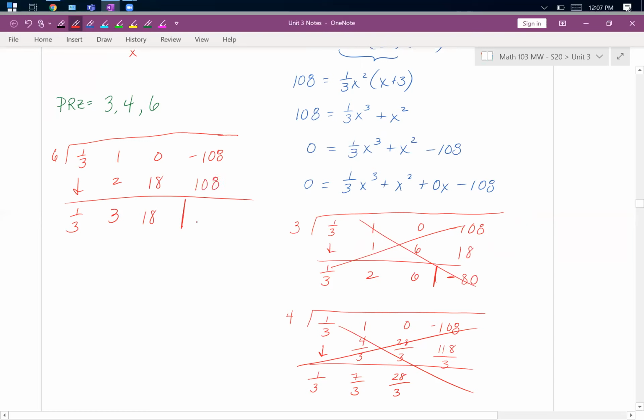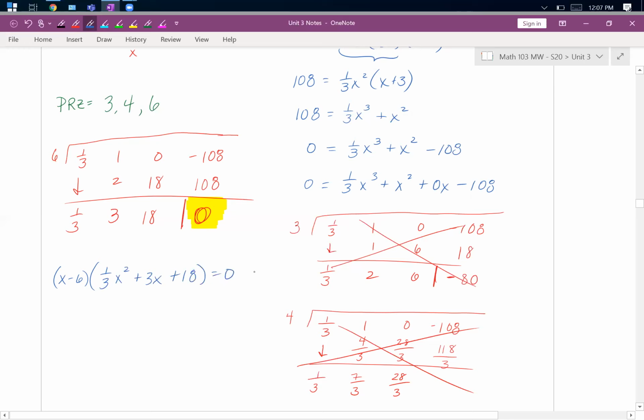There we go. Remainder is 0. So I'm going to start factoring my equation here. X minus 6 times 1/3 x squared plus 3x plus 18 equals 0.